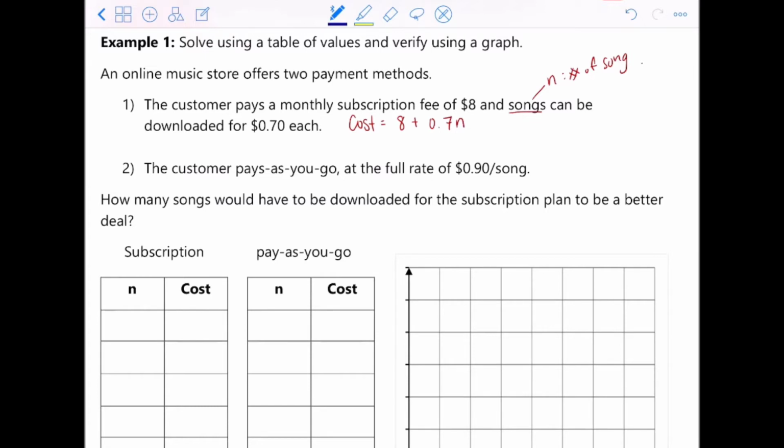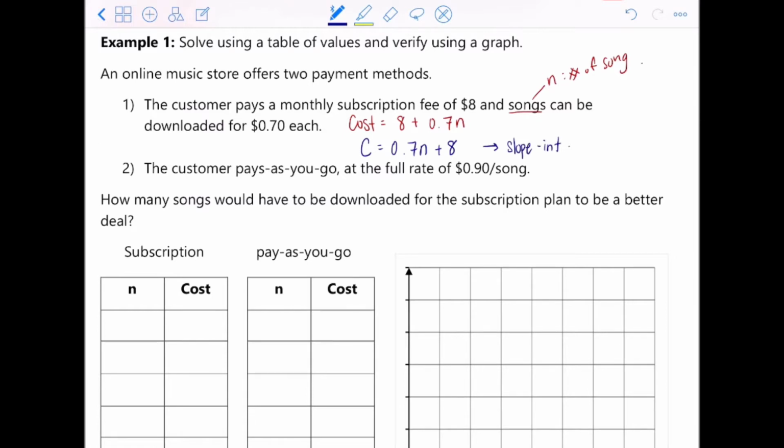So rewriting this with just variables, C equals 0.7n plus 8. And this is in slope-intercept form. That's why I just rearranged the order.